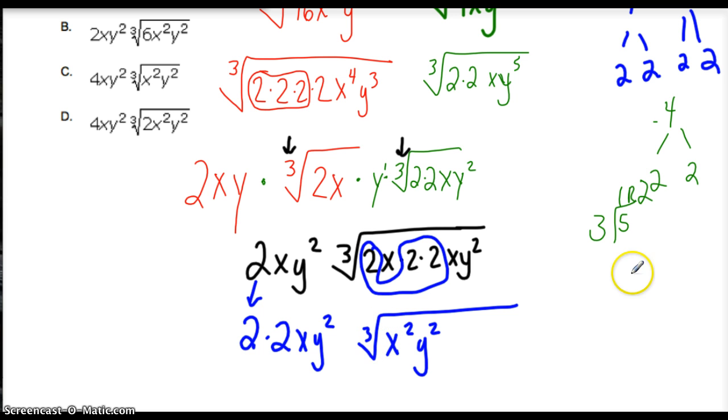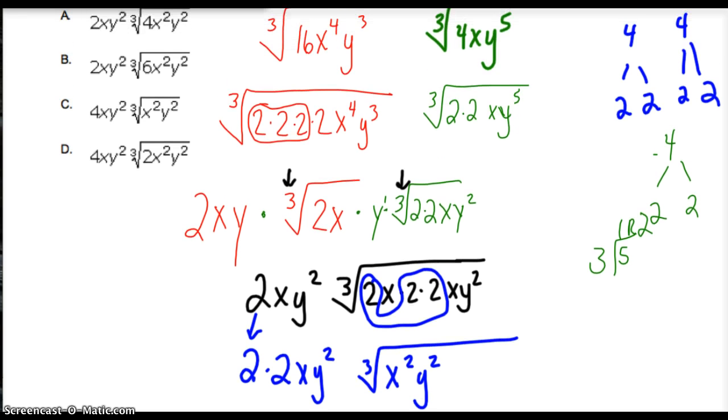So what is that equivalent to? Let's look at our choices up here. Well, I know it's not A because there's not a 4 left on the inside. B looks the same as A. I have a number on the inside here, so I would throw that one out. And then this one is going to be the answer, because 4xy to the second, 2 times 2 is going to be 4.